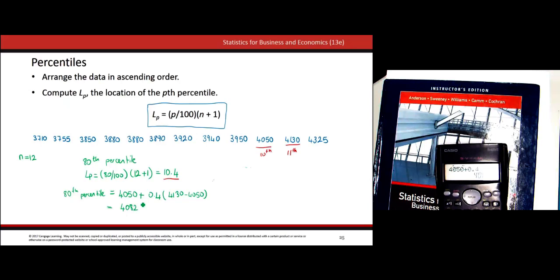That is the 80th percentile. So this is how we calculate the percentiles.